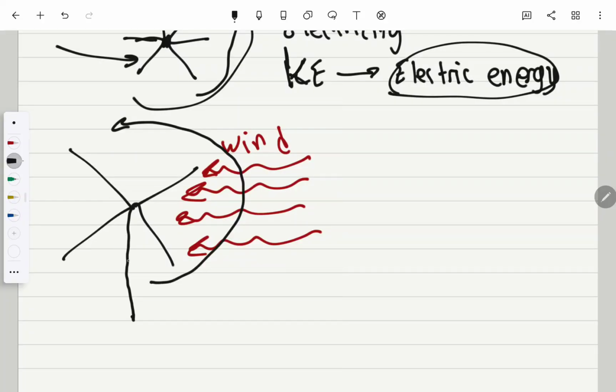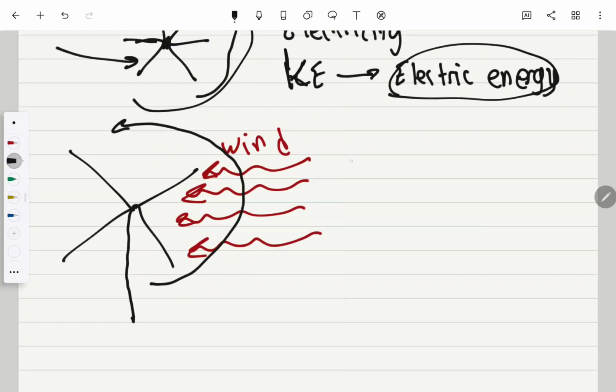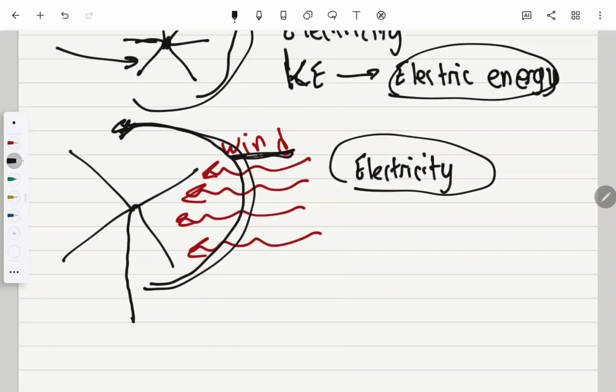All right, and since they are spinning in a turning motion, they will start creating electricity. Okay, mainly because there is something that we call the dynamo, and the dynamo, as long as there is movement, and the movement in this case is the spinning, it will start creating electricity. So it's pretty simple for you to understand how windmills operate. The entire purpose is to put them somewhere that is windy, so that when the wind hits them, they start to actually rotate, and once they rotate, they can generate electricity. All right.